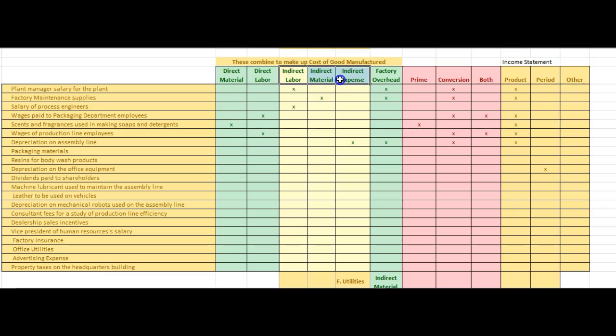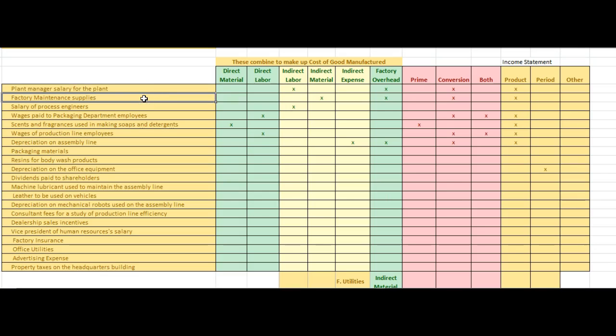And these are anything that has to do with factory support, but is not directly related to making that product, such as depreciation for the factory, manager's salary for the factory, because he or she is not really producing the product, they're overseeing it, they're supporting it.